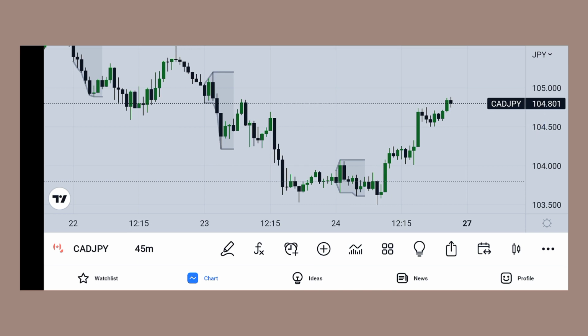It happens on every pair, on indices, on bonds, on crypto, on stocks. Whatever it is, it works every time. So whenever you see this, you picture in your mind that price is giving me a nice output, and then I can build my mind that price will get there. It works every time.